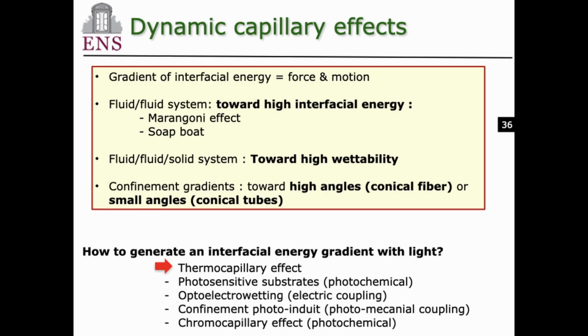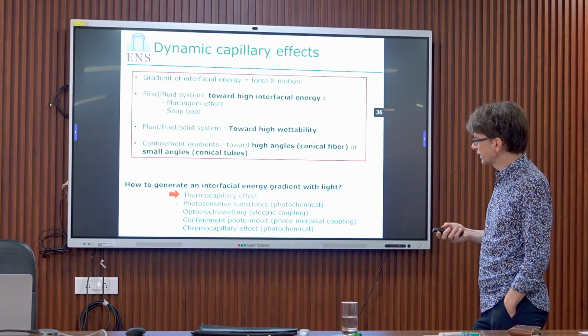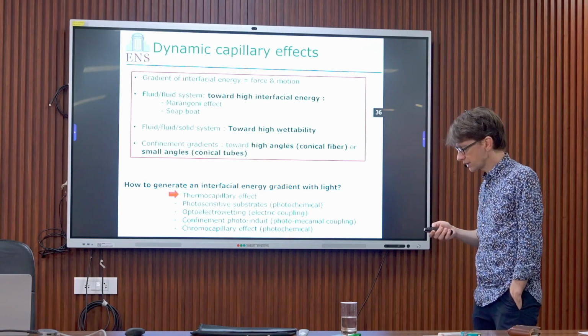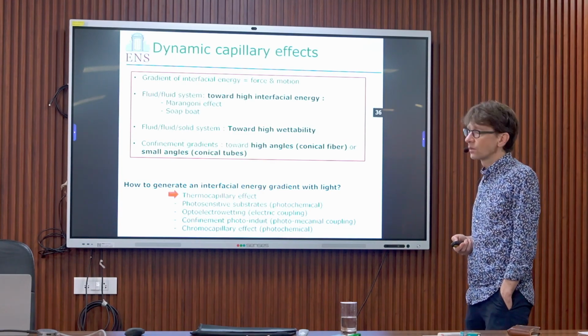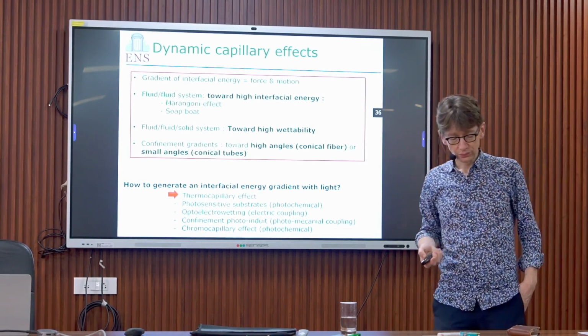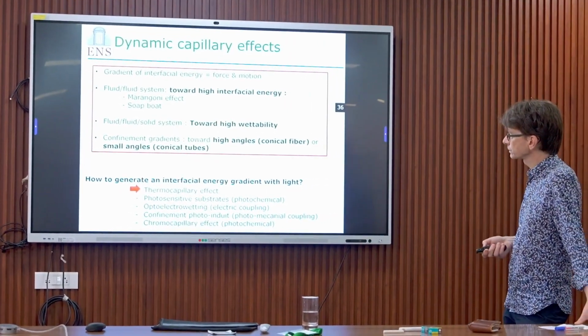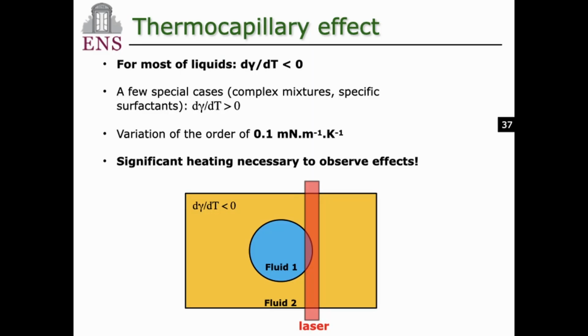So we have the dynamic capillary effect, and now we can use these principles to use light. One of the ways to use light is to convert light into surface tension through the change of temperature.